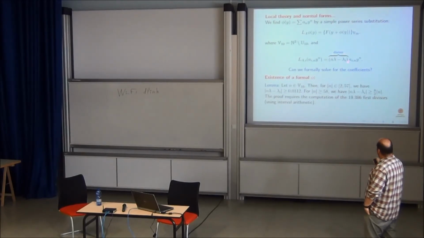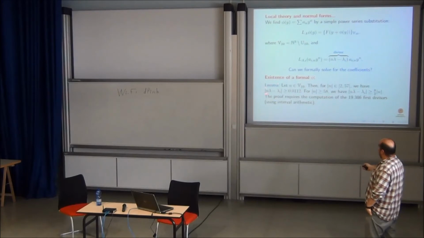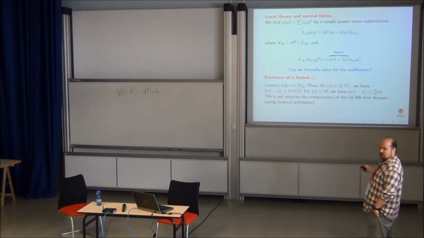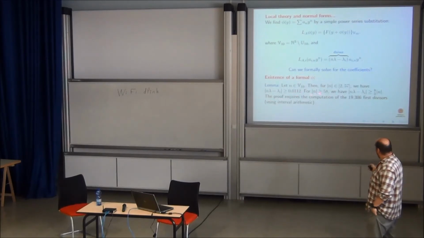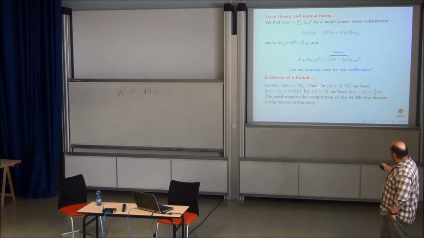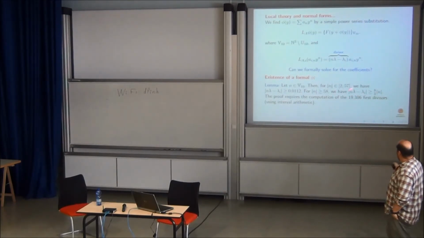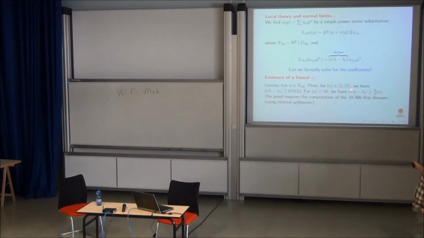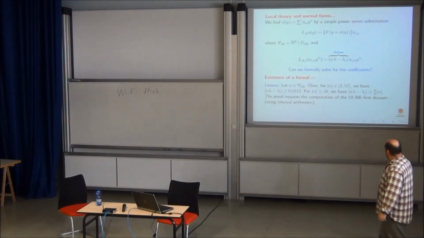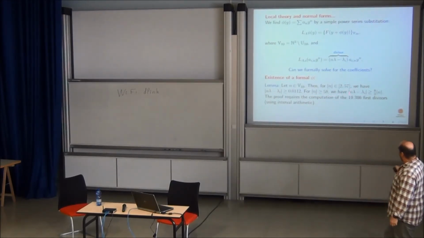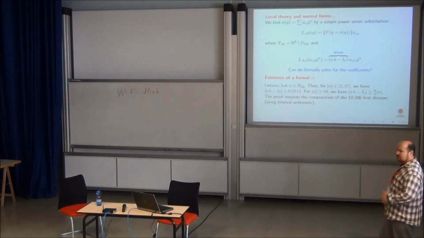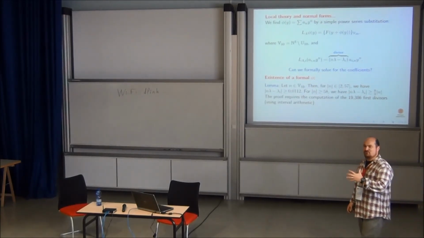All the small divisors I have to look at are actually quite big. They're not small. 0.01 was the smallest one, and this is for all orders up to 58. For all orders bigger than that, I actually have growth. These are big divisors that grow linearly. To prove this, I have to explicitly compute 19,400 coefficients before I can start the induction process.